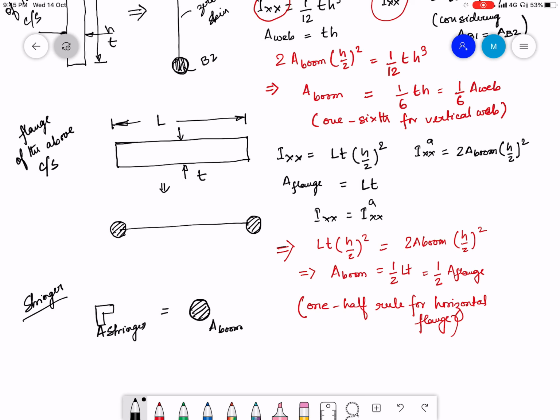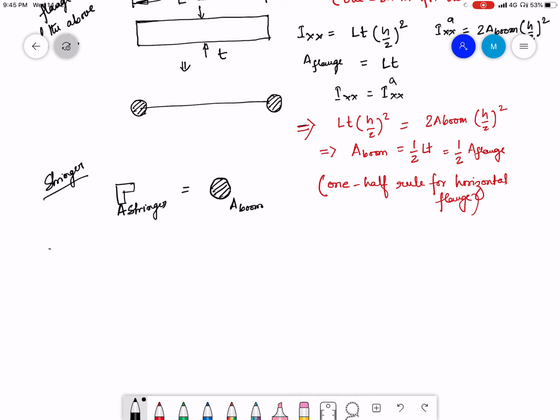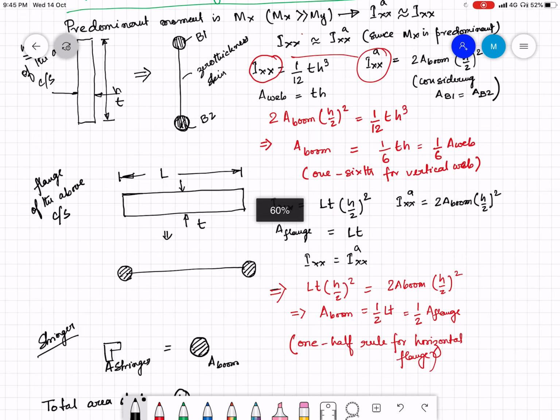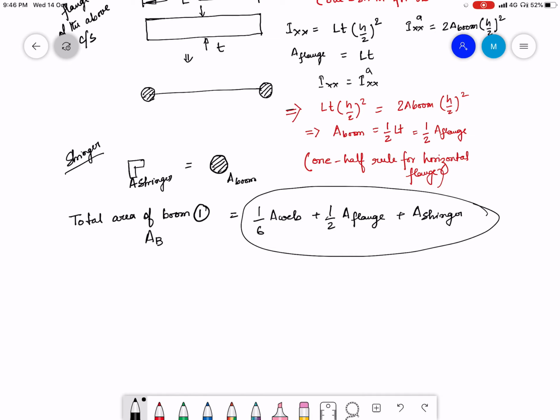Therefore the total area of boom 1 is going to be 1/6 of the area of the web plus half the area of the flange plus the area of the stringer located at the location of the boom. So this is the total area of boom 1.